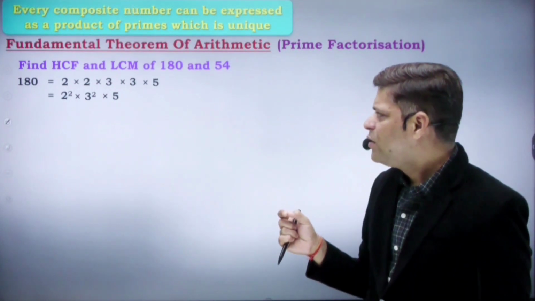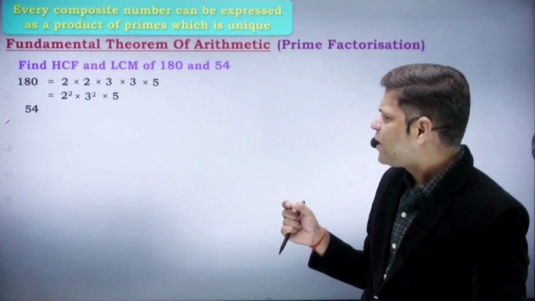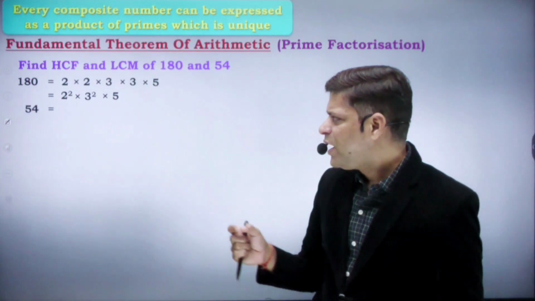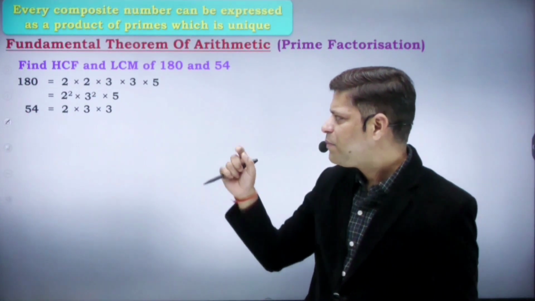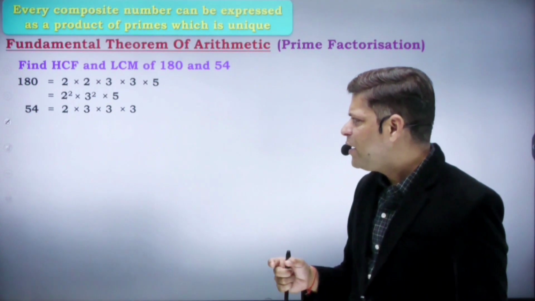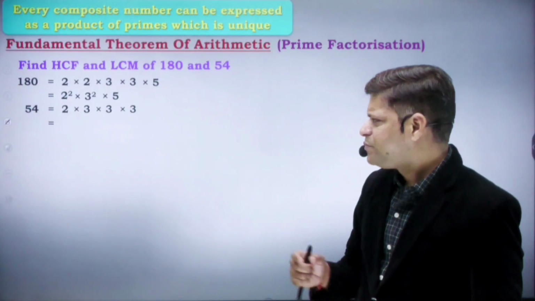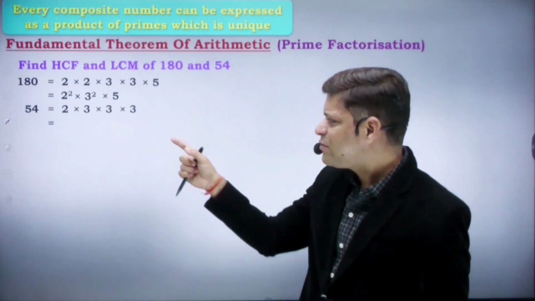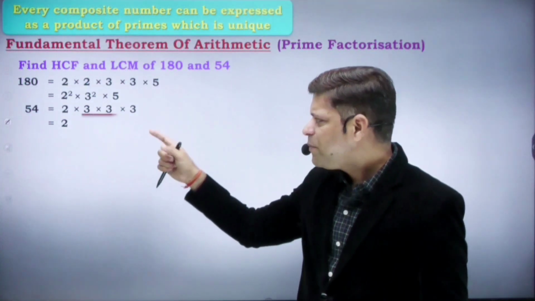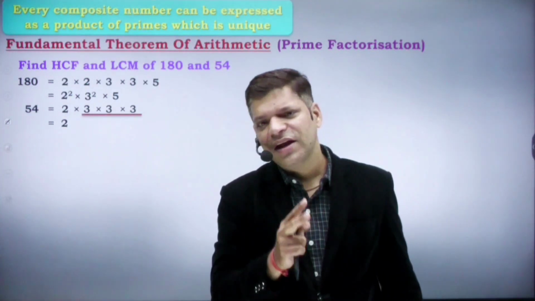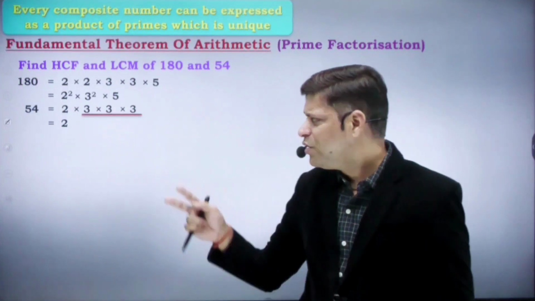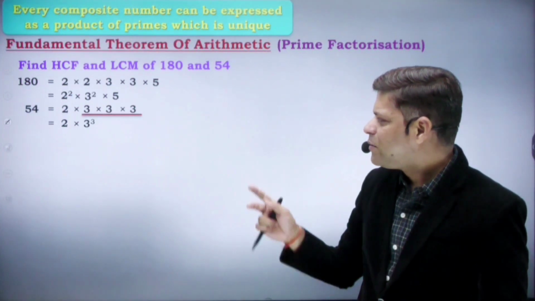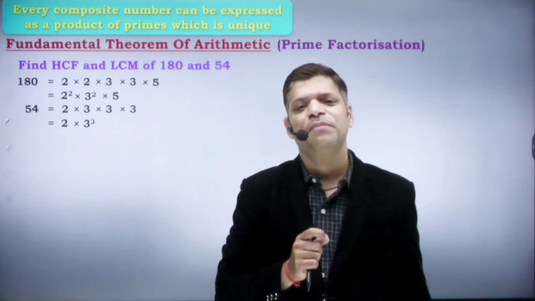Now in the same way, the prime factorization of 54 is 2 multiplied by 3 multiplied by 3 multiplied by 3. Since 3 is multiplied 3 times, it can be written as 2 multiplied by 3 raised to the power 3.